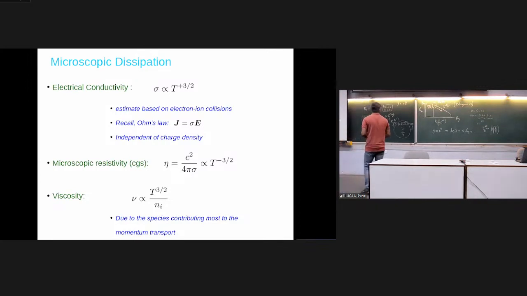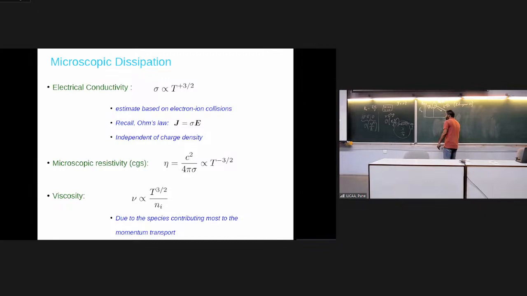You might know that in the moving frame, given an electric field, if there is a current, you can always interpret that current as electric. That's another thing. So just keep in mind that in the rest frame of the plasma, there is actually no electric field.